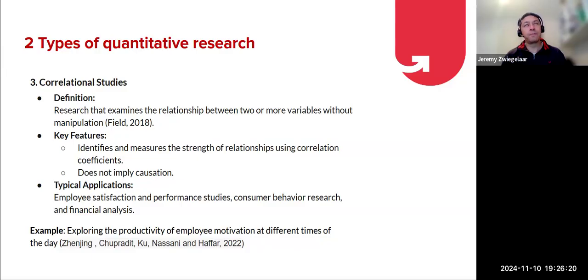We can then talk about the size of that relationship as well, which will be between -1 and +1, with +1 being the most positive relationship between the two variables, and -1 being the most negative between the variables. There could be no relationship whatsoever, and that means it's 0.